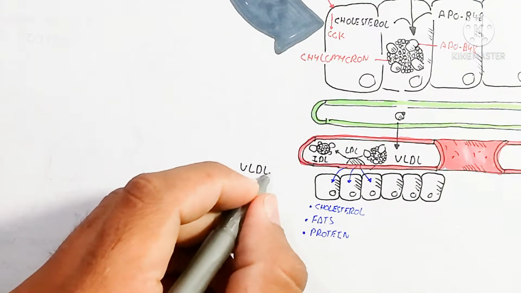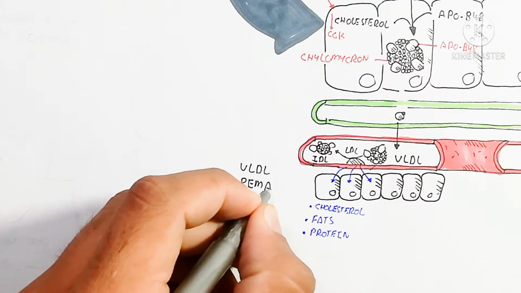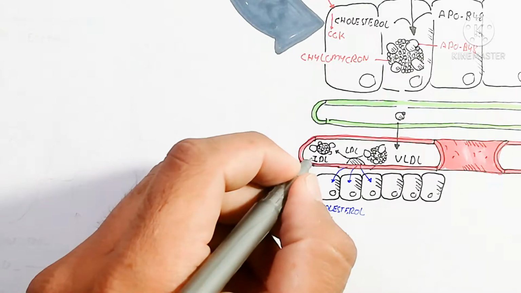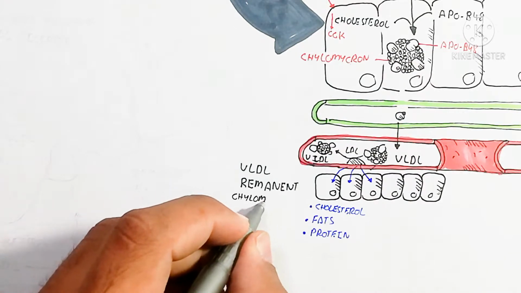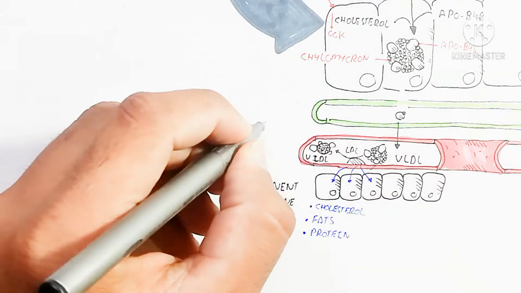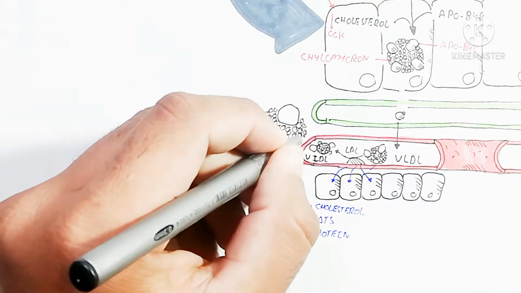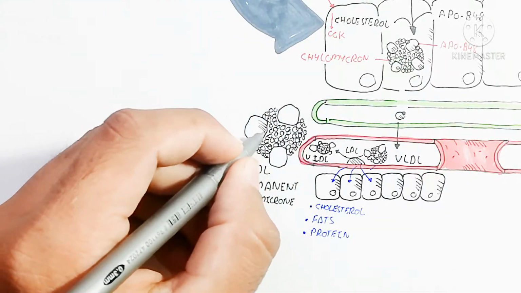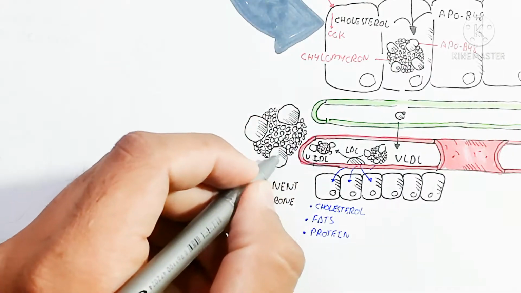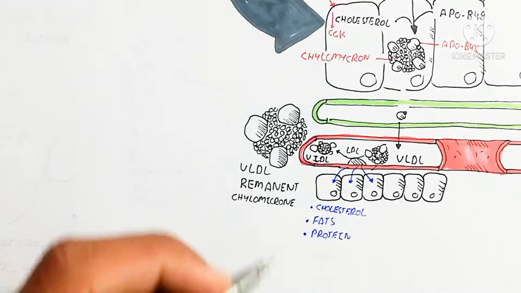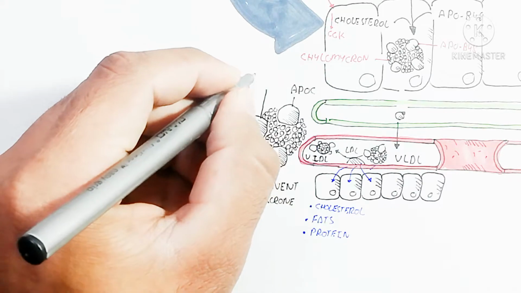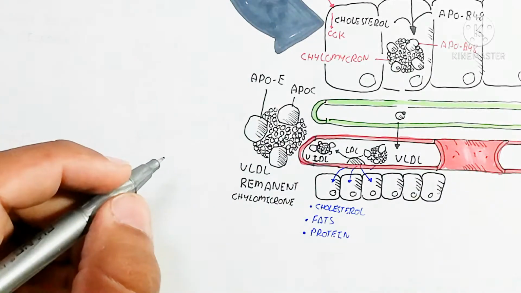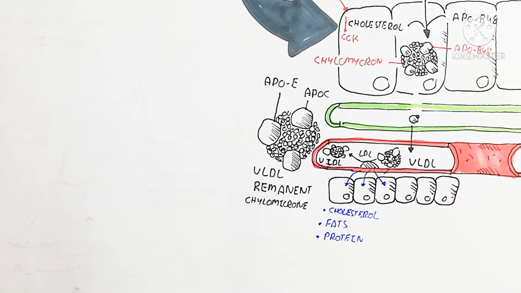So this is the chylomicron remnant. Remnant means what is left behind. That VLDL remnant will go into the liver through the chylomicron remnant receptor, which recognizes the ApoE site, apoprotein E site.